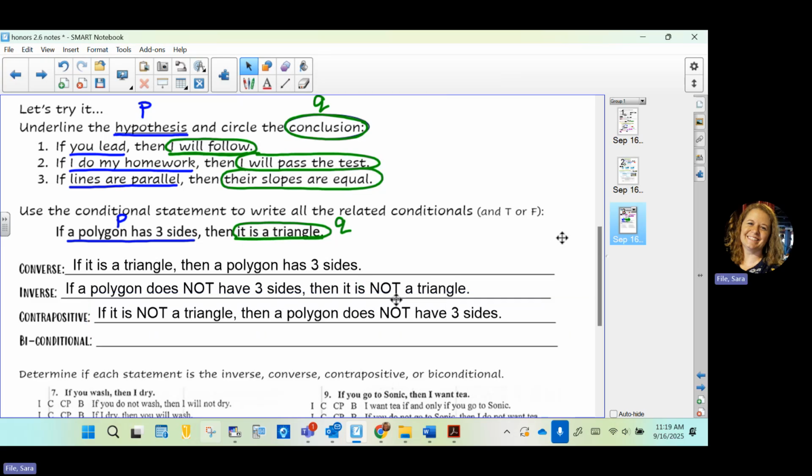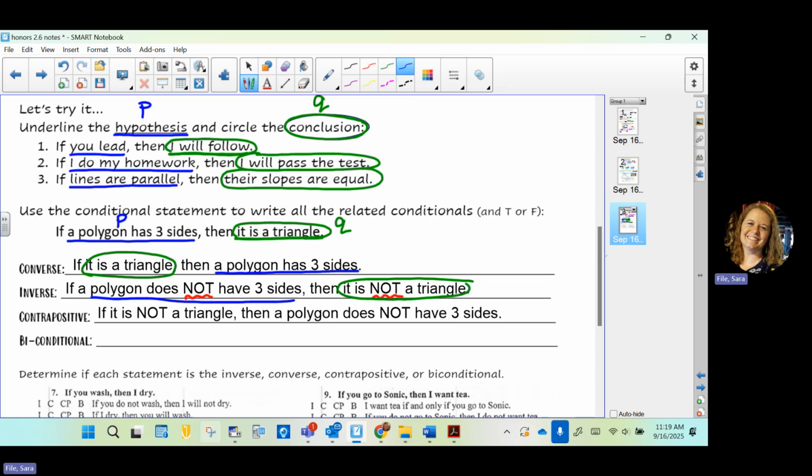Okay, so I'm going to underline in my colors to color code this for y'all. My P was the polygon has 3 sides. So here I switched the order and I put Q then P. Inverse, I negated, I put that word not in both my P and my Q, but I kept the order the same as the original.